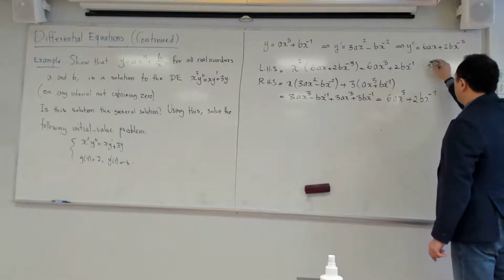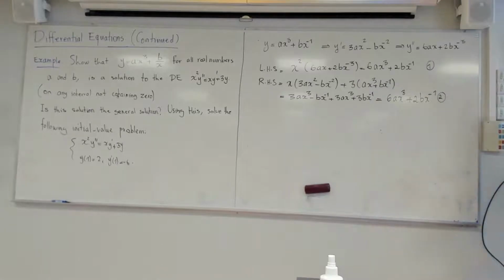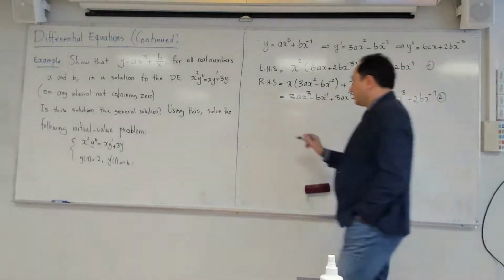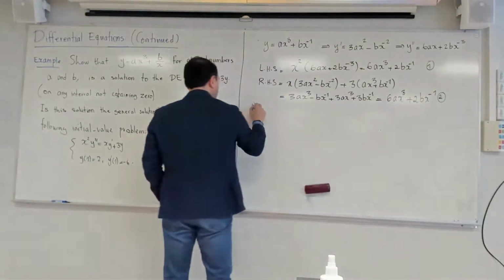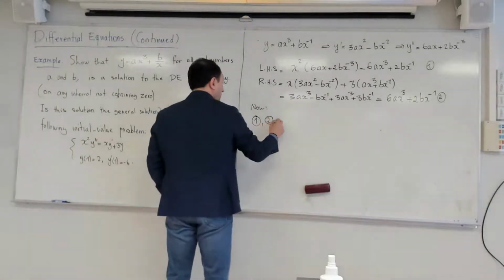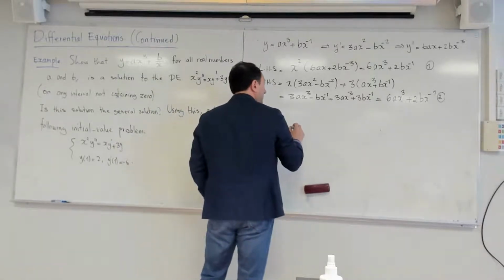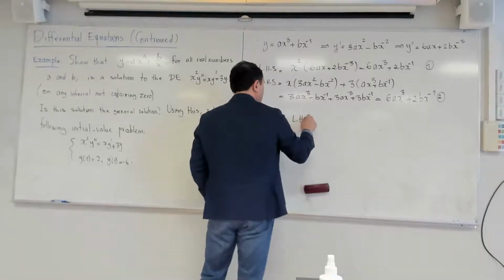If I give this number 1 and this number 2, you immediately realize that the left-hand side is equal to the right-hand side. So comparing number 1 and number 2, I can conclude that the left-hand side is equal to the right-hand side.